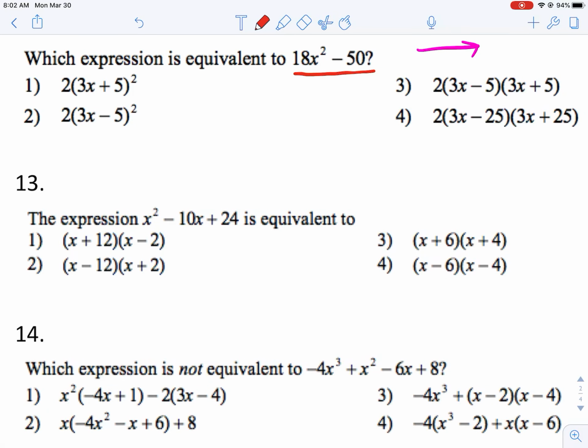Okay? What we're going to do is factor this expression. What I mean by factor is I'm going to split it up so that when I multiply these two factors together, they get you back to the start. Okay, that's what it means to find factors. So when I say the factors of 32, I say 4 and 8.